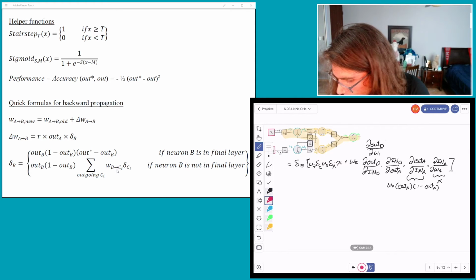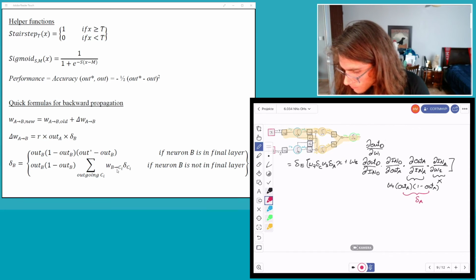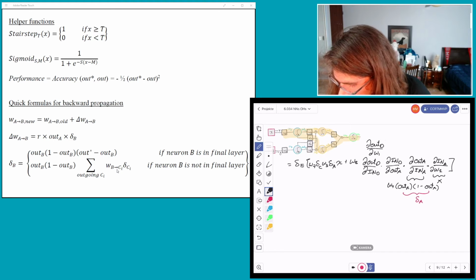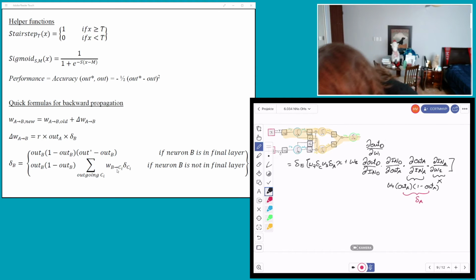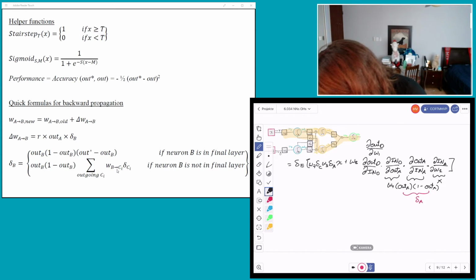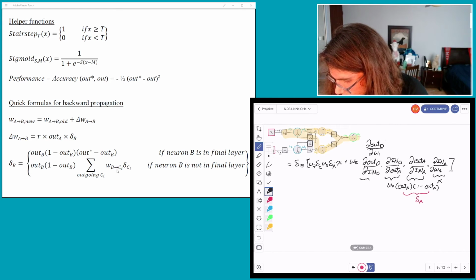Then I have again here delta A. And then to continue, in D with respect to out A, that's W4. I have it right here. And then out D with respect to in D. That's the derivative of the sigmoid, out D times 1 minus out D.